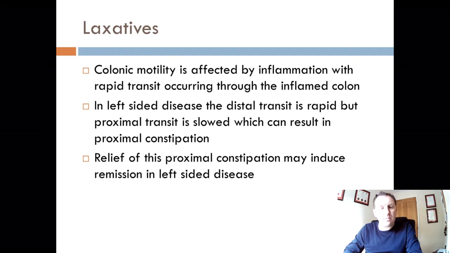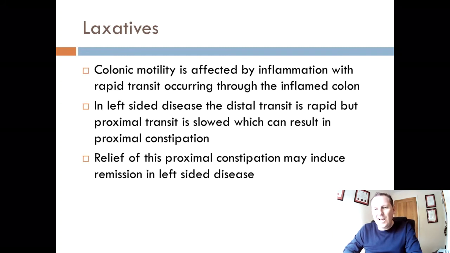So we've talked already about proximal constipation and the need to clear proximal constipation in those patients in which it's present in order to allow that left-sided colitis to improve. We've said that colonic motility is affected by inflammation with rapid transit occurring through the inflamed colon, and in left-sided disease that distal transit is very rapid but proximal transit is slowed to try and be a protective mechanism, but that can result in proximal constipation, and use of laxatives to relieve that proximal constipation may help induce remission in left-sided disease.